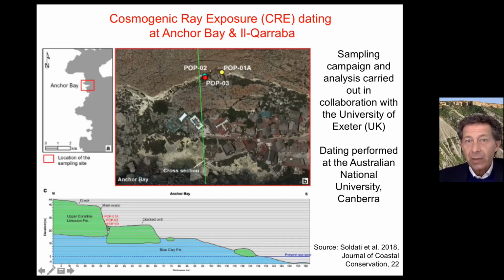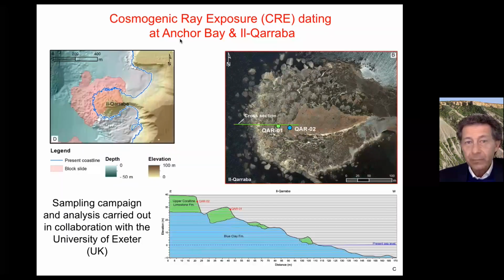So again, our question was, were these landslides occurring near the coast and prolonging into the water when they occurred, or were they occurring in a total terrestrial environment and then the sea covered part of the deposits during post-glacial sea level rise? And the dating was very useful in trying to answer this question.